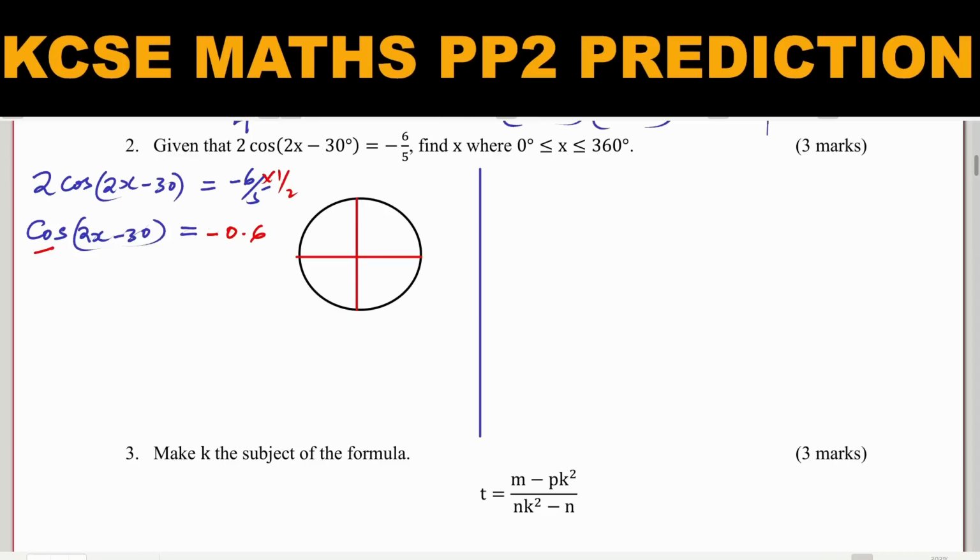It will help us to identify in which quadrants we have cosine being negative.